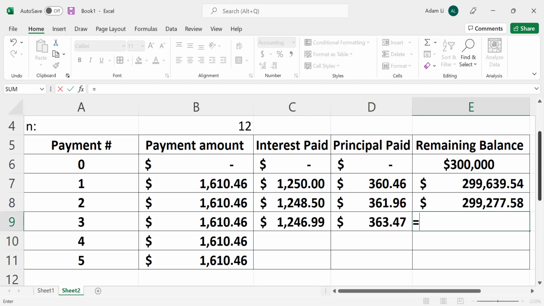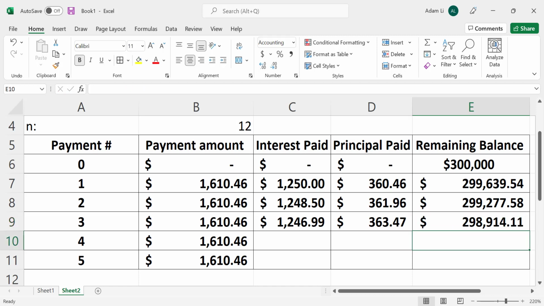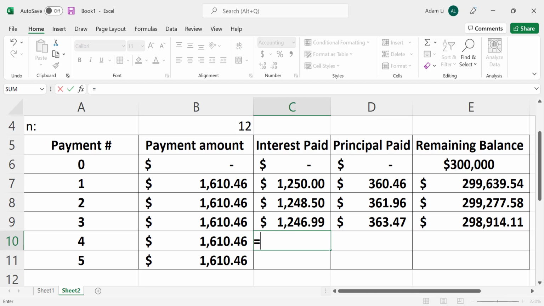So the remaining balance will be $299,277.58 minus $363.47. It's probably going to be $298,914.11. Now, for the fourth payment, the interest is based on the updated remaining balance times 5% by 12. Get that?